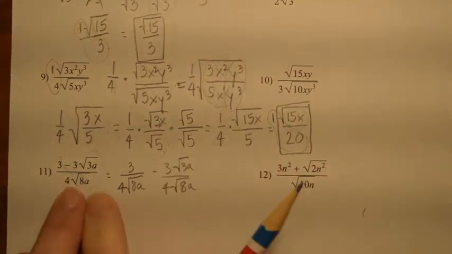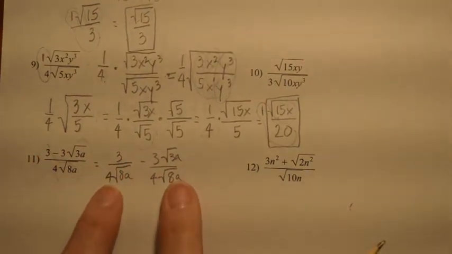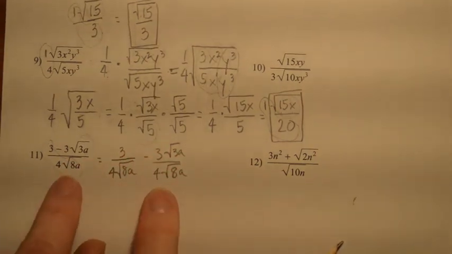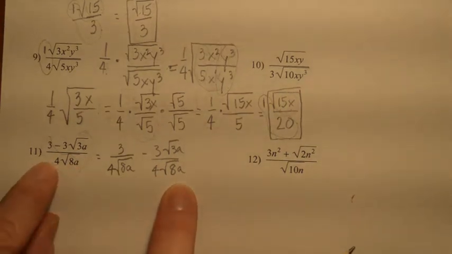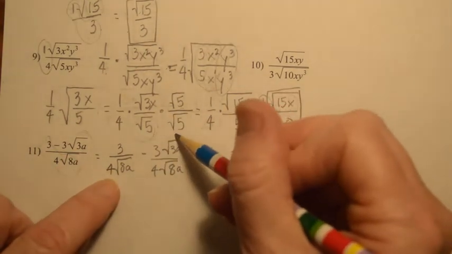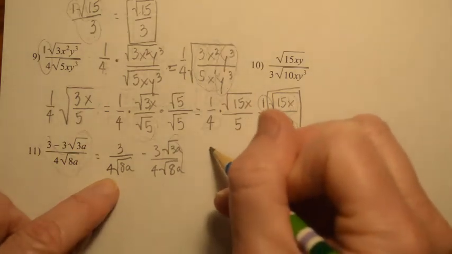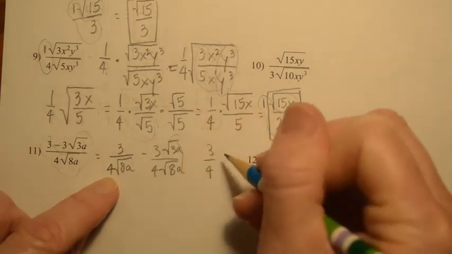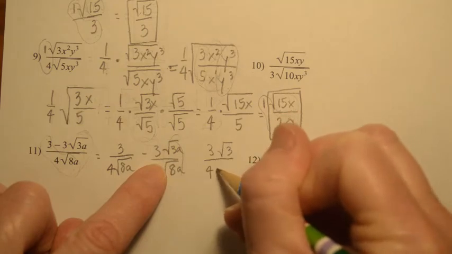So we could just separate these two. Remember, when we have two fractions, as long as they have common denominators, we can put the numerators together and leave the denominator. So we had two separate fractions that combined into this. We could now simplify this one and turn this into 3 over 4, and we could cancel out the a's and end up with square root of 3 over square root of 8.